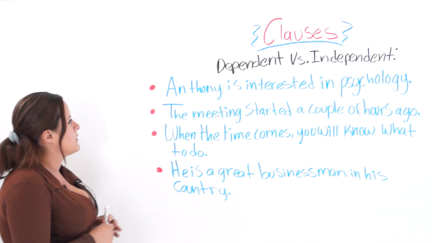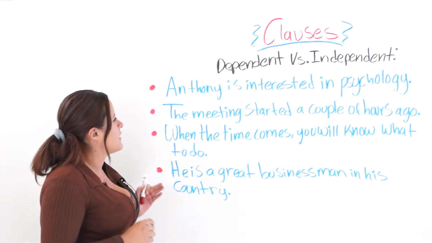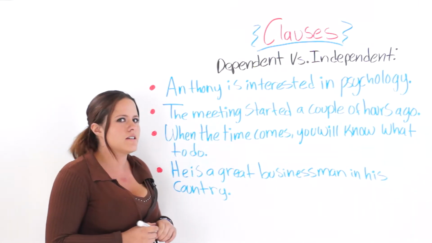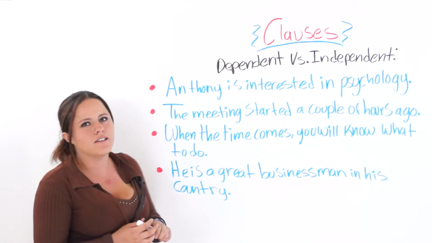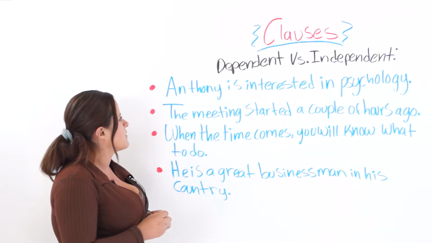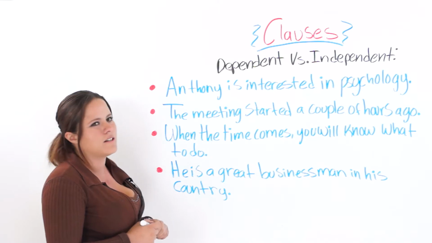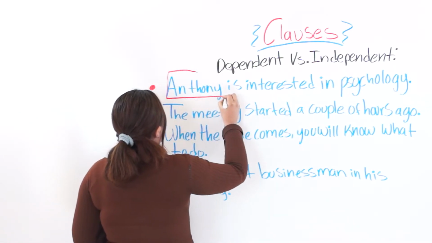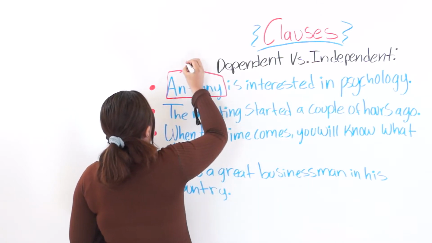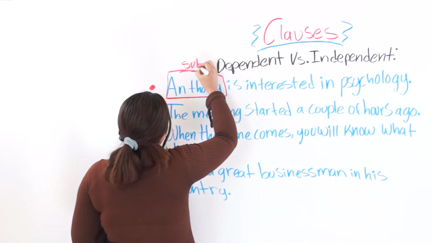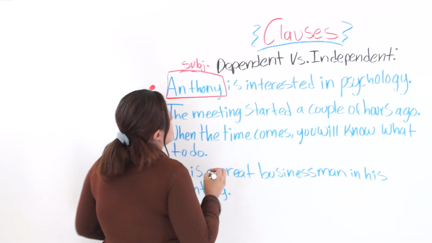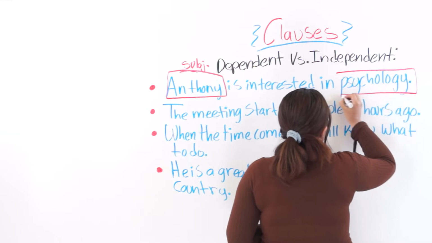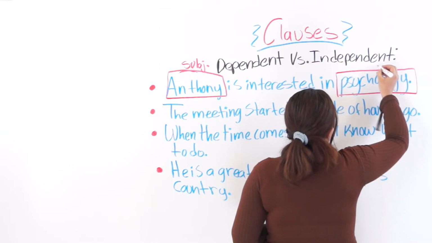The first example here I have on the board says, Anthony is interested in psychology. Do you think this is a phrase? No, it cannot be a phrase because we can see here we have the subject, and over here we have the object, right?